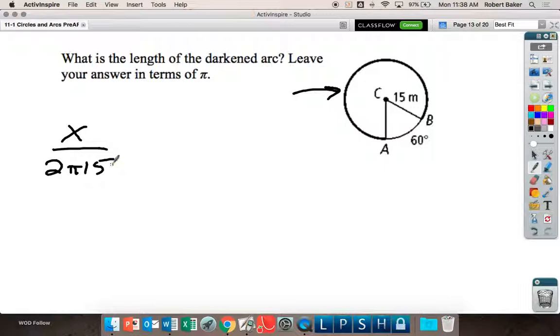So we're doing part of the length over the whole length equals how many degrees the arc is describing. This arc is 60 degrees, so what's left over for the rest of it? 300.